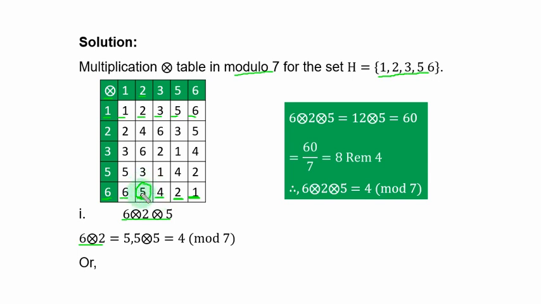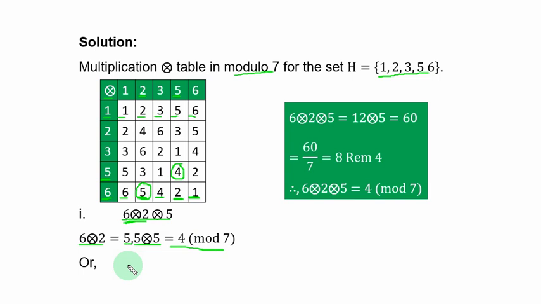So 6 times 2 is 5. If we replace this with 5 now, we are left with 5 times 5. The first 5 is row, the second 5 is column. Their point of intersection is 4. So 5 times 5 is equal to 4 modulo 7.